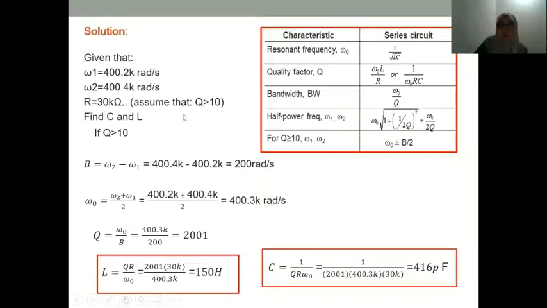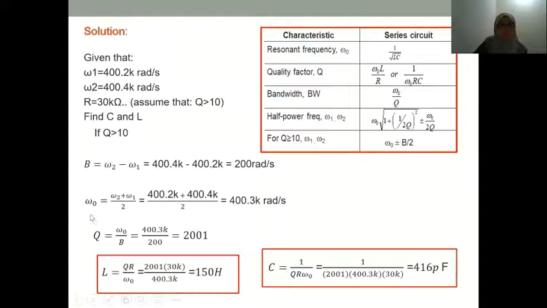We assume that Q is greater than 10, which is normally the case. In the first place, you find the bandwidth. The bandwidth is omega 2 minus omega 1, so you have the bandwidth is 200 radian per second.